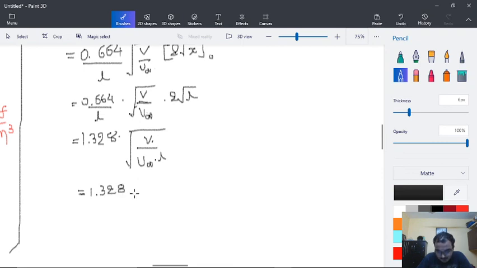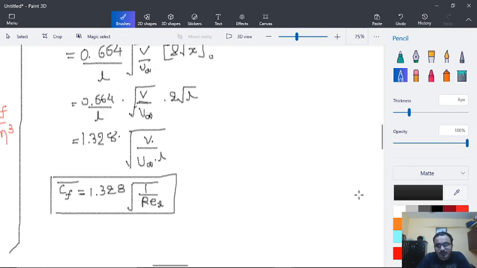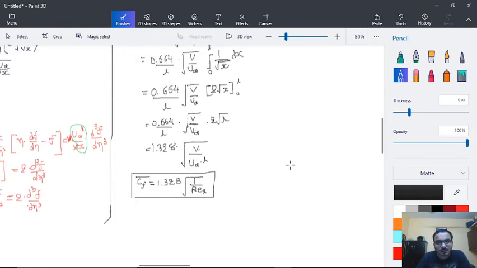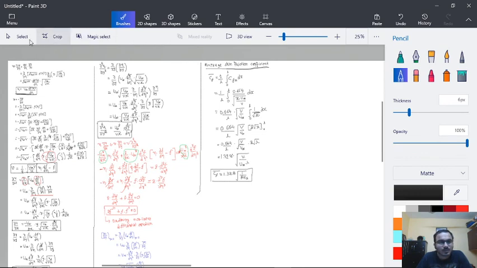1.328 square root of 1 divided by Re L. So this is the value of skin friction coefficient, that is the average one. So we have obtained this value, and we can copy this again.